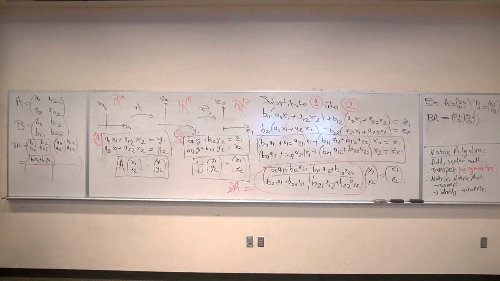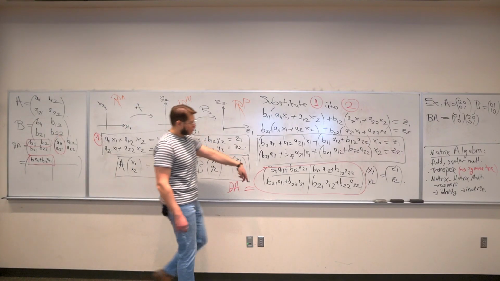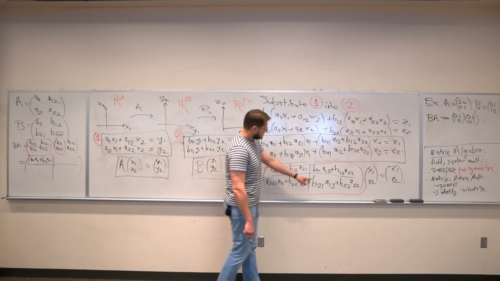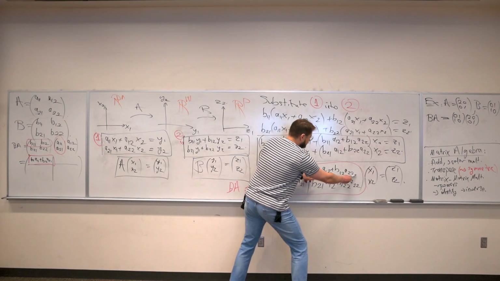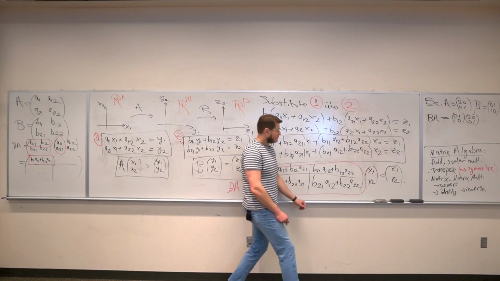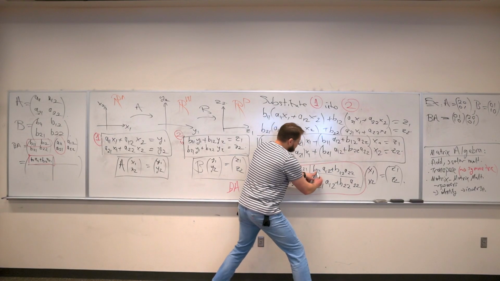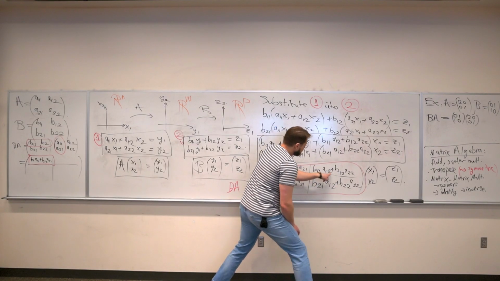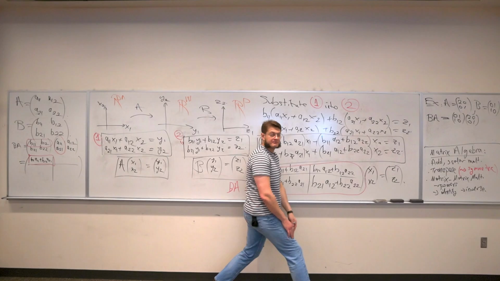I'm not going to do all 4 of these entries, but for instance, let's try to do this one as well. What is the idea? This entry now is the 1, 2 entry of the product. First indices are always 1, and the last indices you see here are always 2.